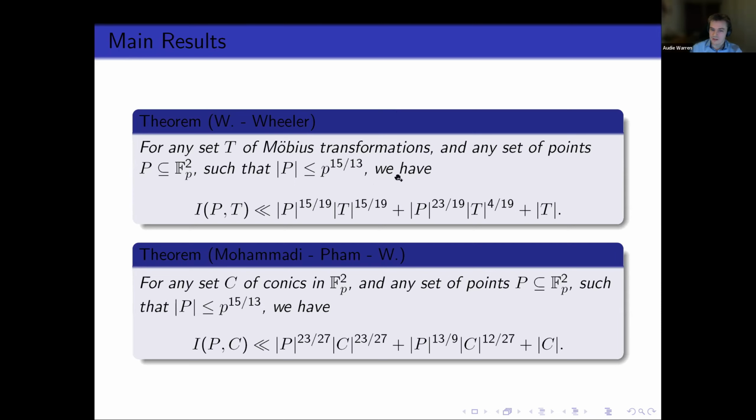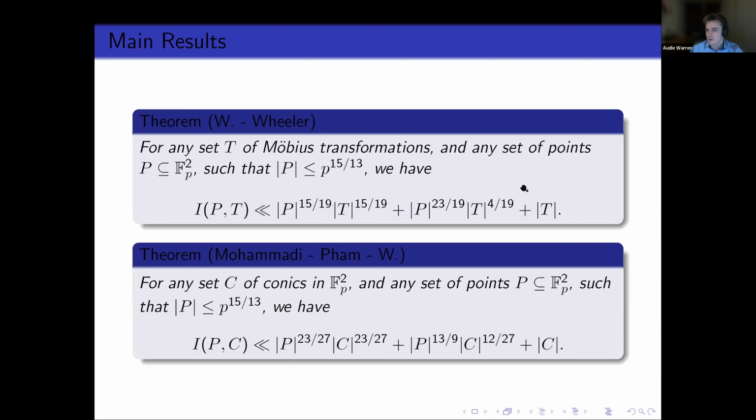If we have this, then we get an upper bound which has P and T both to an exponent less than 1. It's actually P to the 15/19, T to the 15/19. So this leading term is the important term, and it's better than the trivial Kővári–Sós–Turán bound in a non-trivial range. So this is better than this minimum that I showed you on the previous slide.